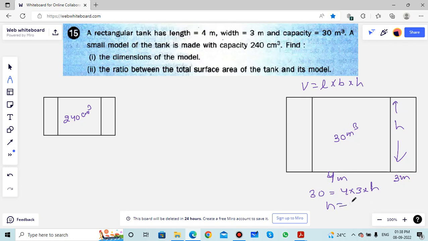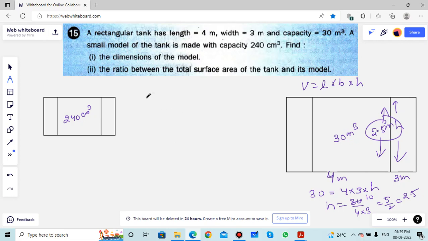Height here will be 30 upon 4 into 3. So this becomes 10 upon 4, which is equal to 5 upon 2, which is equal to 2.5. So what is the height? 2.5 meter. Remember this part, it is meter always. 2.5 meter. This is the height.